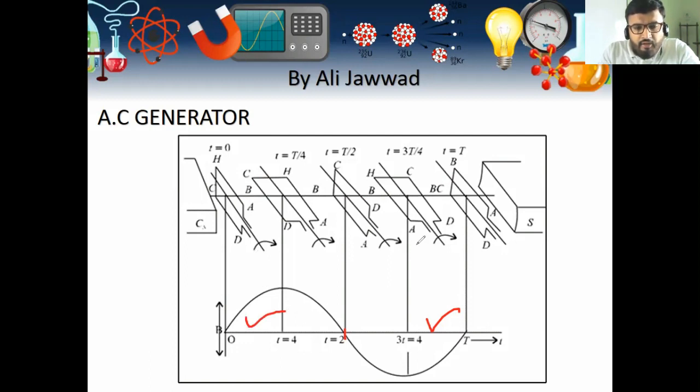One more thing which I would like the observers to observe is that initially the phase of the voltage or the phase of the current is positive, while after this point it has become negative. And why has it become negative? Because initially the velocity vector was this, and when the coil rotates, the velocity vector was in this direction for wire AB, and at this point the velocity vector will be in this direction for wire AB.